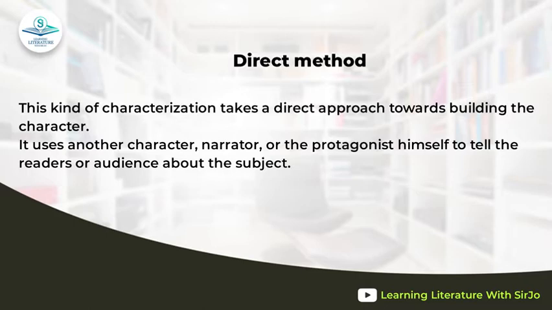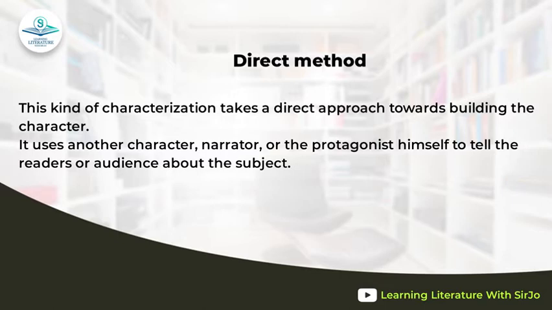However, it can also use another character, the narrator, or the protagonist himself to tell the readers or audience what the subject is. And the subject basically is what we term character.